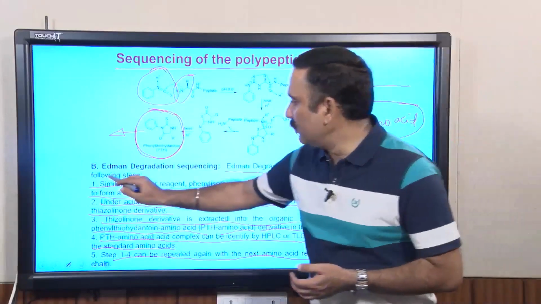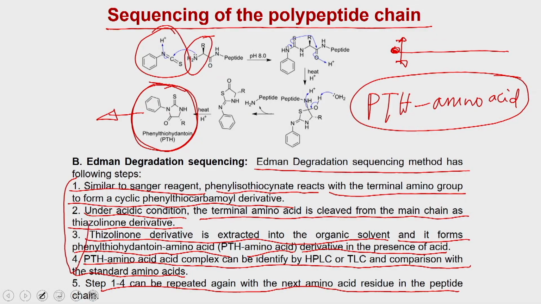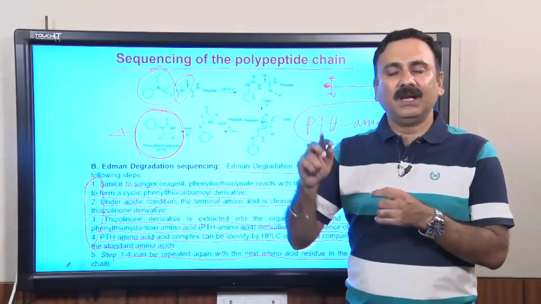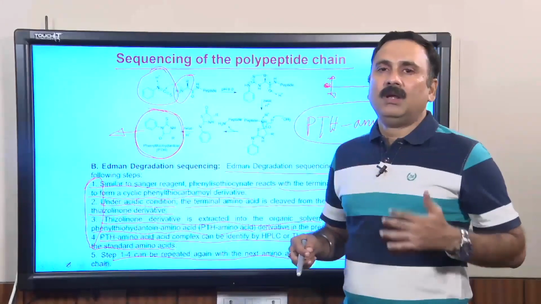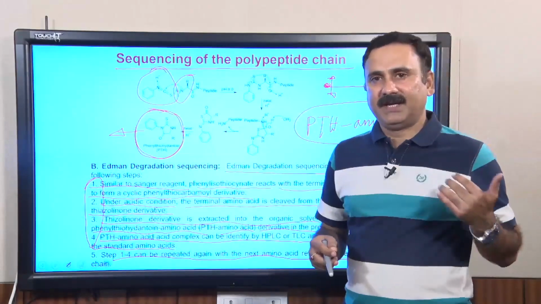Then you can repeat steps 1 to 4 with the remaining peptide chain, and that is how, if you continue this cycle, it will tell you the full sequence of that particular peptide chain.